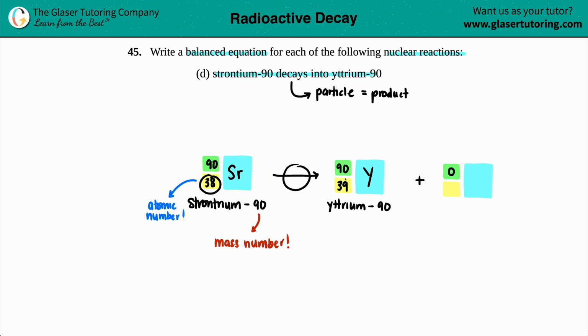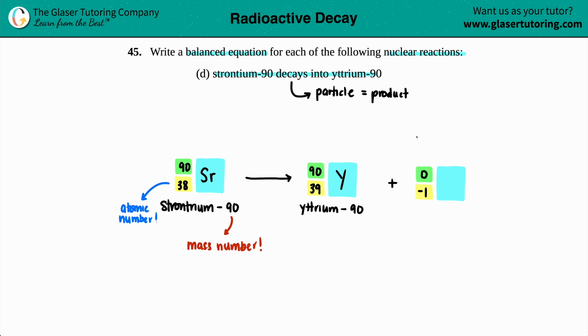38 equals 39 plus, did you say -1? If you did, you're absolutely correct. 39 minus 1 is 38. But now, what subatomic particle has the identity of 0 on the top and -1 on the bottom? It's the only particle that you know that's negative. That's the electron.